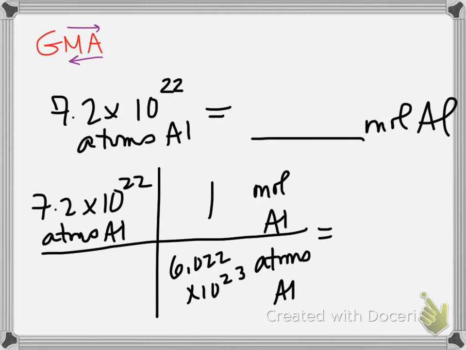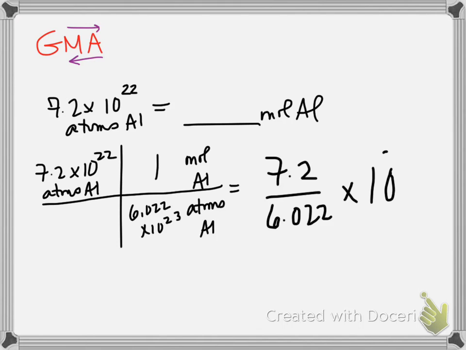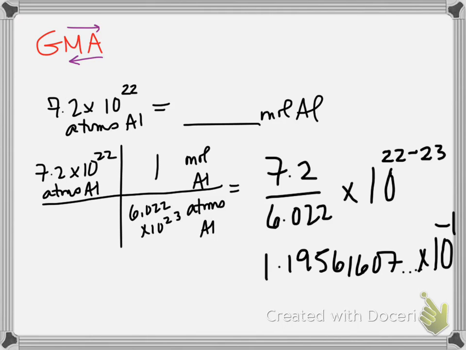Okay, when we look at what we're actually doing, we are taking 7.2 divided by 6.022 all times 10 to the 22 minus 23. So our raw answer, 1.19561 blah blah blah times 10 to the negative 1. We don't have to move any decimals on that. We're in correct form.